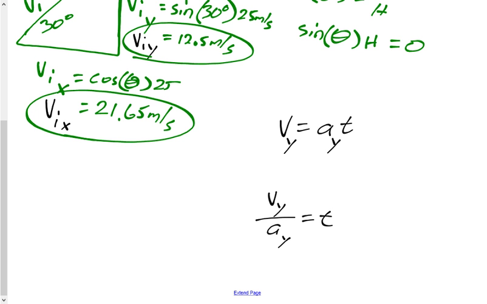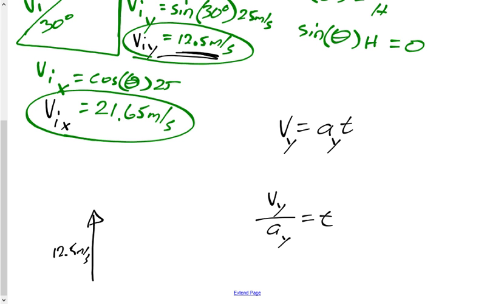Now remember that this equation works so long as the initial velocity is 0 or the final velocity is 0. So the scenario we are looking at is the time it takes for it to, remember, if I threw something directly upwards at 12.5 meters per second, it would be the same action. It would come to some peak height.